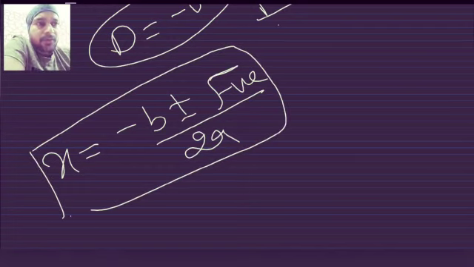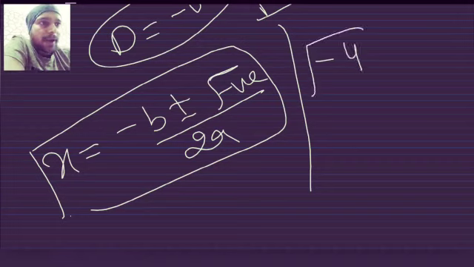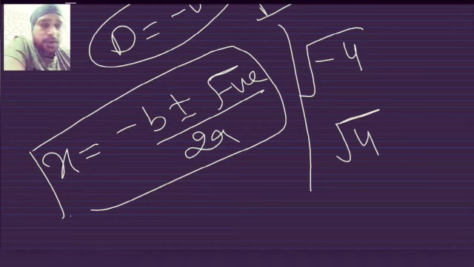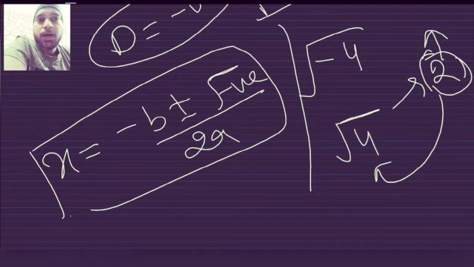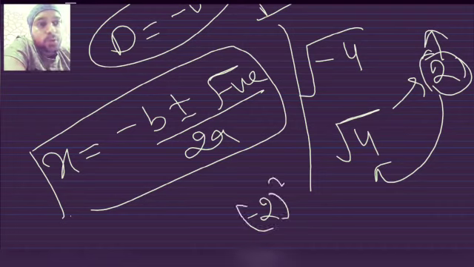Now, have you ever calculated the value of root of minus 4? Since we know that root 4 is equal to 2, the square of some number should be equal to 4. What is that number whose square is 4? 2 is the number whose square is 4, so we got the root of 4 as 2. Minus 2 also, when you square it, gives you 4.